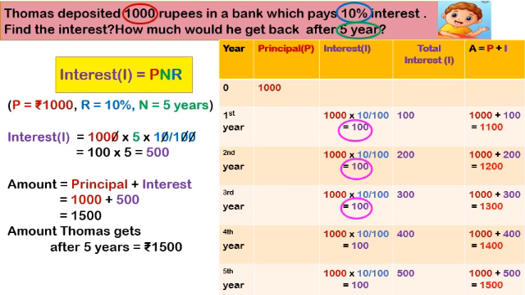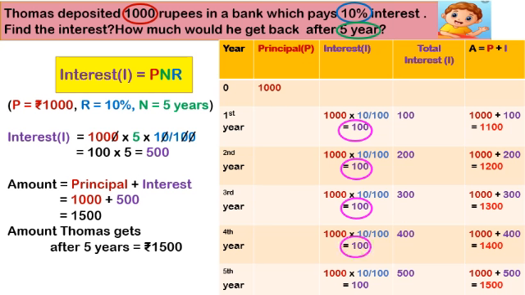And what about interest on third year? Yes, 100 rupees interest is paid again at the end of third year. And the total interest is 100 plus 100 plus 100, that is 300 rupees. And amount is 1000 plus total interest, that is 1000 plus 300 equal to 1300 rupees. Then what about fourth and fifth year?